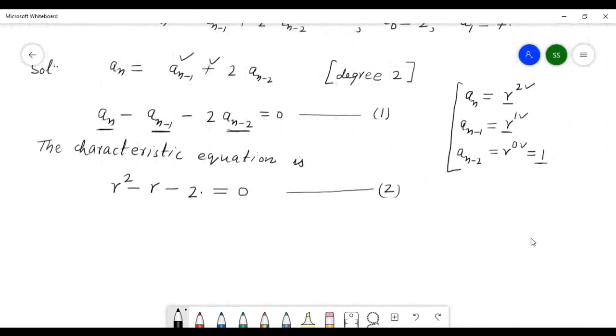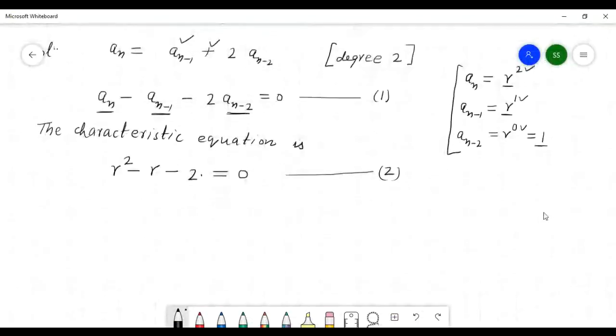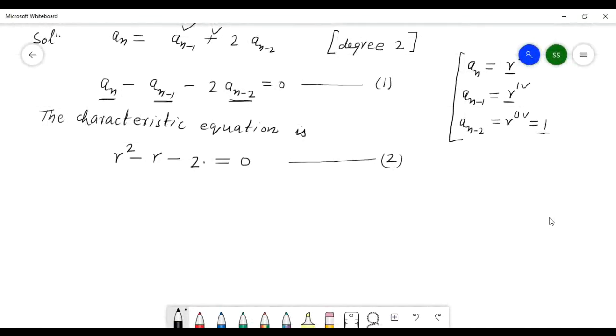Now look here. This is the characteristic equation. Now solve this.